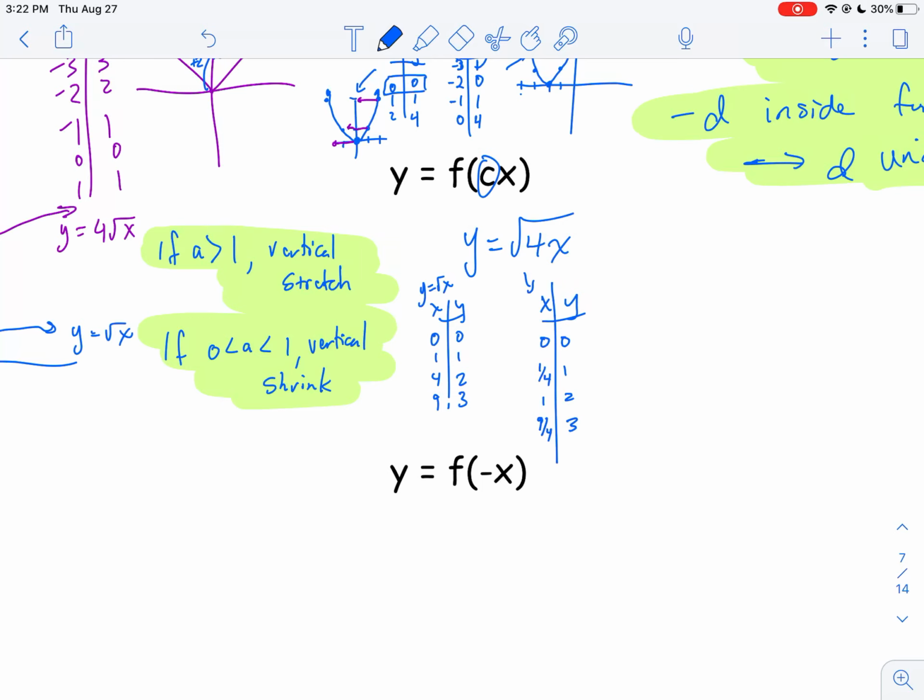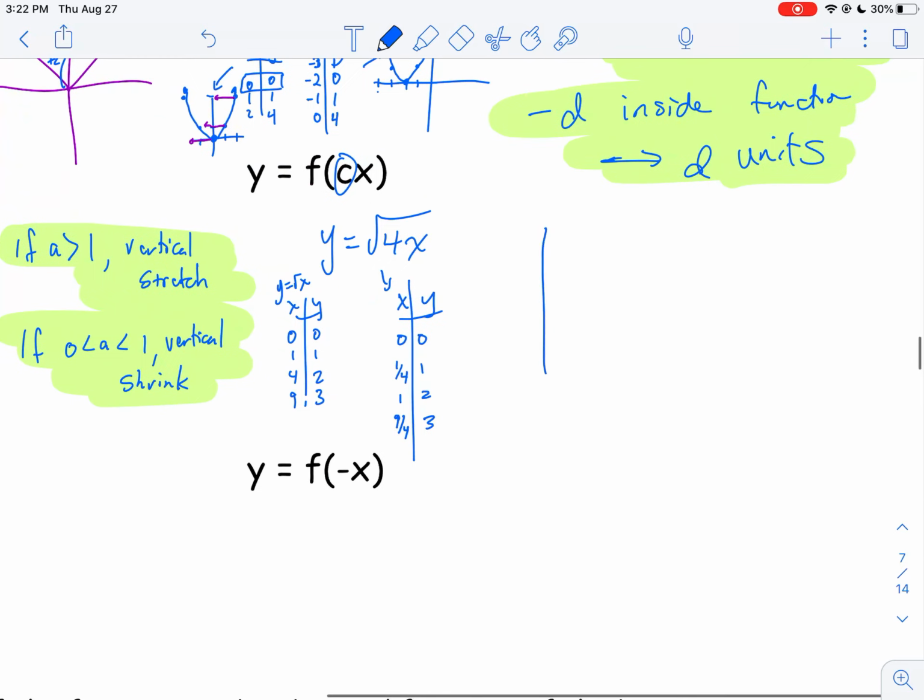The square root of that is 3. And so when I go to graph this function, 0, 0 is fine. Where before I had 1, 1, I had maybe 4, 2, and 9, 3.